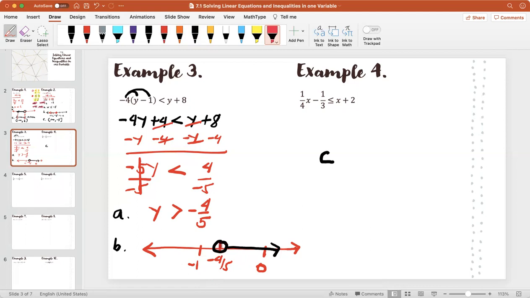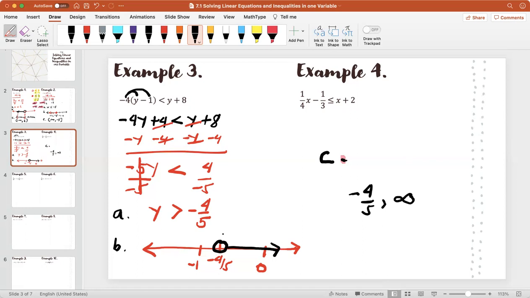So what's this? That's negative 4/5, comma, and we have an arrow to the right. What's the arrow to the right? Positive infinity. So you always look at which one is the leftmost. The graph starts from negative 4/5 exclusive to the right.